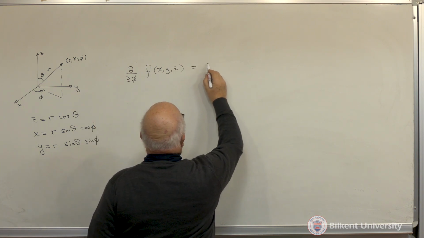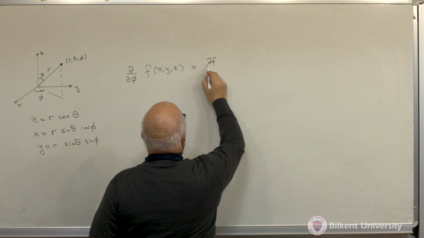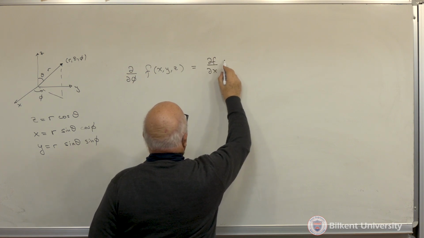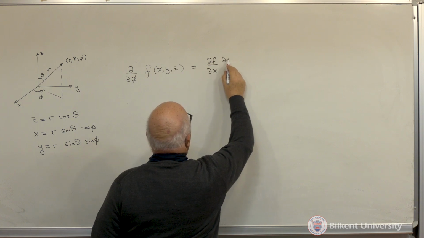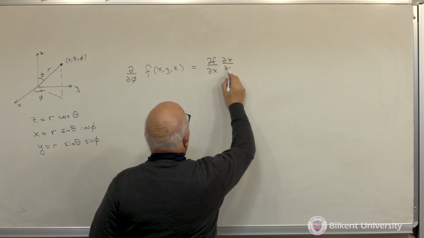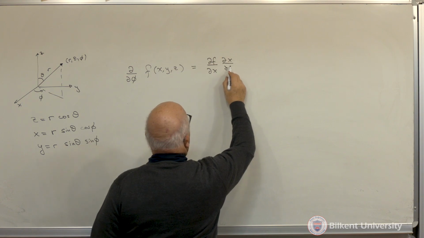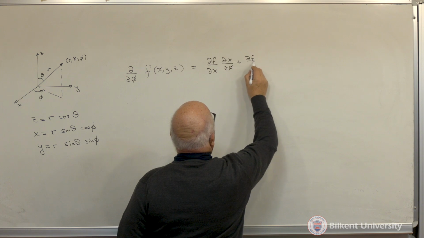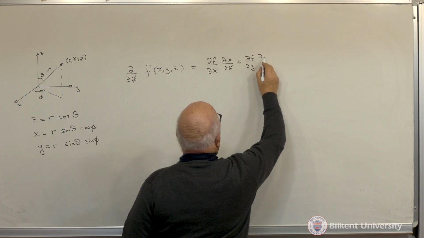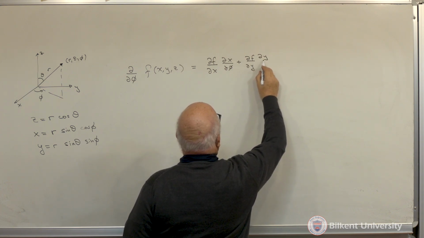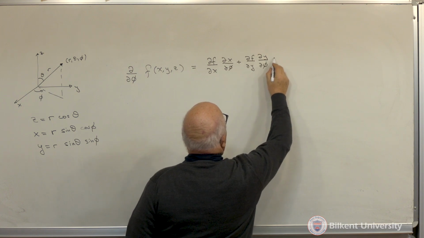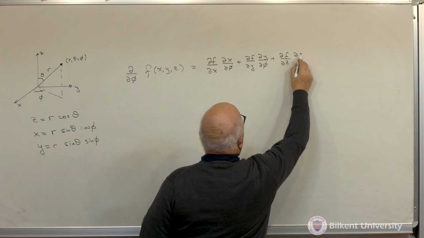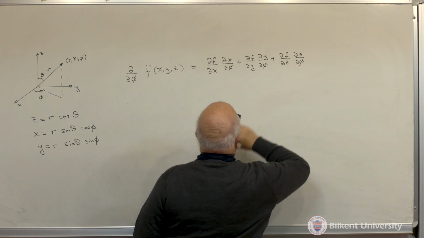Well, it's del f over del x times del x over del phi, plus del f over del y times del y over del phi, plus del f over del z times del z over del phi.